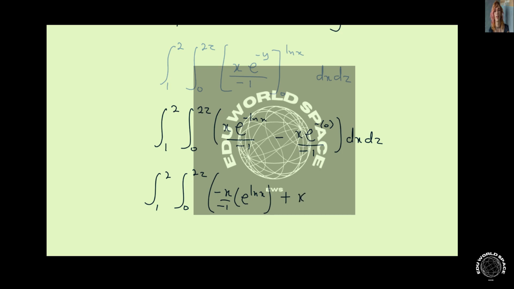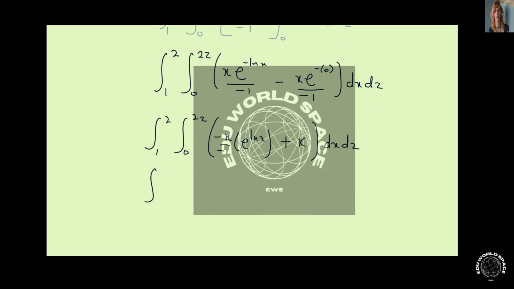So this becomes x, and that is dx dz. Integral from 1 to 2, integral from 0 to 2z. The negative and negative goes away, and that becomes x, and this and that goes away, so we have another x, and this becomes 2. So x squared plus x, we have dx dz.